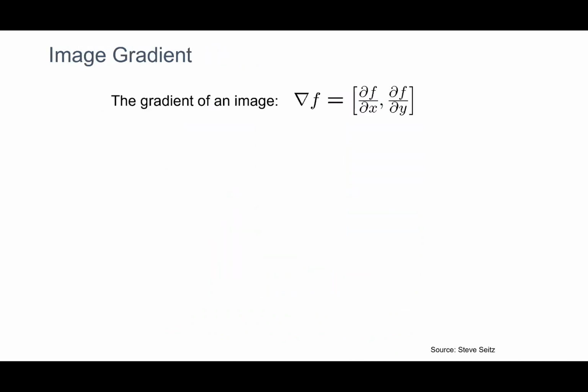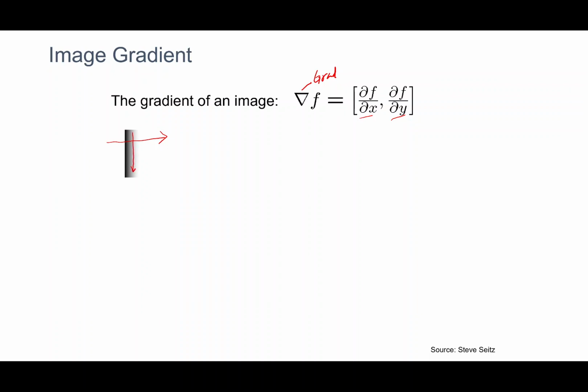Now if we think about this image gradient, actually it is a two-dimensional quantity, because we have the partial derivative of the image with respect to x and the partial derivative of the image with respect to y. We show it as grad of f, where grad is the gradient operator. Now if we consider this kind of an image, you can see in this direction there is a transition, but if you take the vertically downward direction, there is no transition.